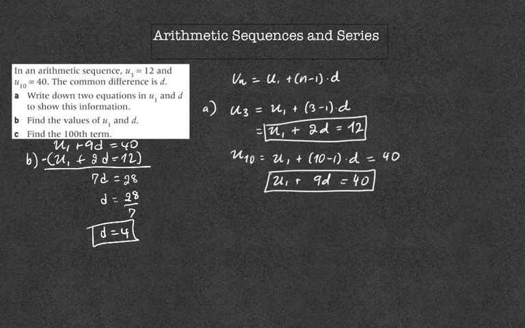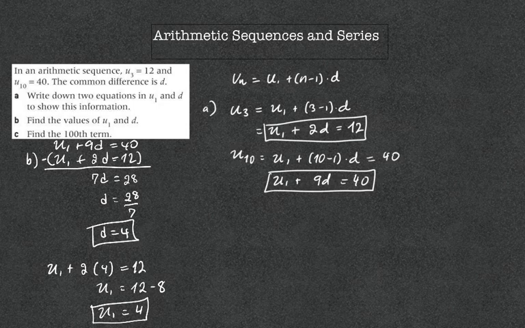Now that we have D, we can take either the first equation or the second equation that we found in A to substitute to find U1. So let's take U1 plus 2D, so 2 times 4, is equal to 12. That means that U1 is going to be 12 minus 8. So U1 takes the value of 4 as well.